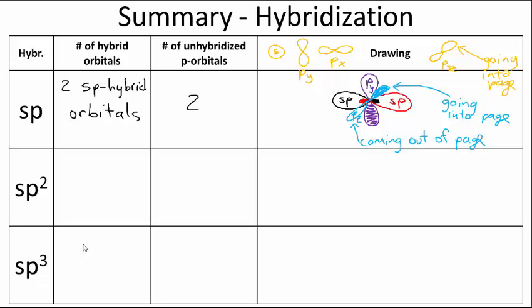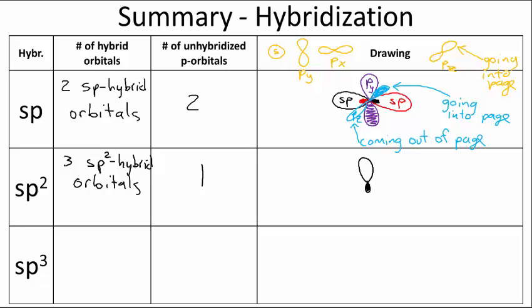All right, so that's sp hybridization. Then the next possibility is sp2 hybridization. In sp2 hybridization, we're taking the s and two of the p's. We're making three sp2 hybrid orbitals. And we leave one unhybridized p orbital behind. In each case, there's going to be a total of four orbitals. So, in this case, my hybrid orbitals would point in a triangle.